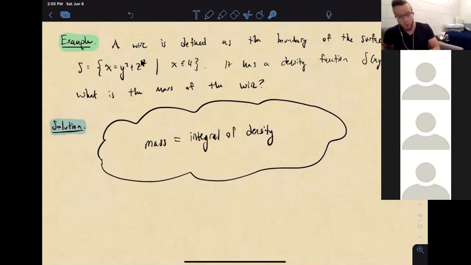So here we have a wire. So we're going to probably do a line integral of density. But if you cared about the mass of some surface, you could do the surface integral of density. Or if you cared about the mass of some 3-dimensional region, you could do a triple integral of the density.